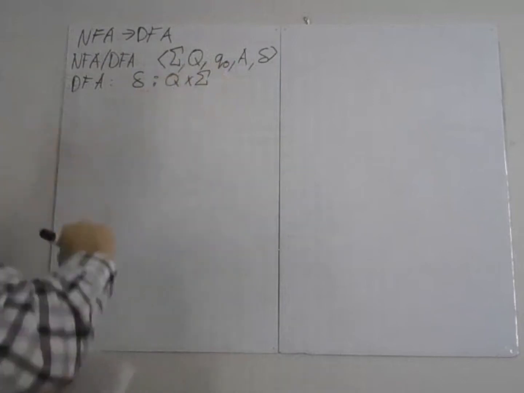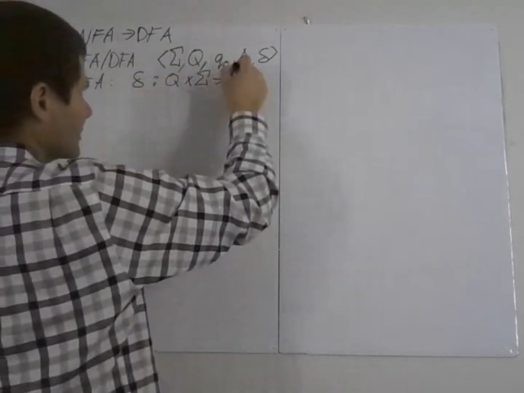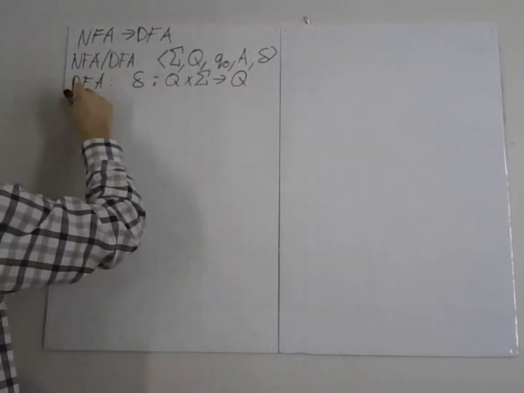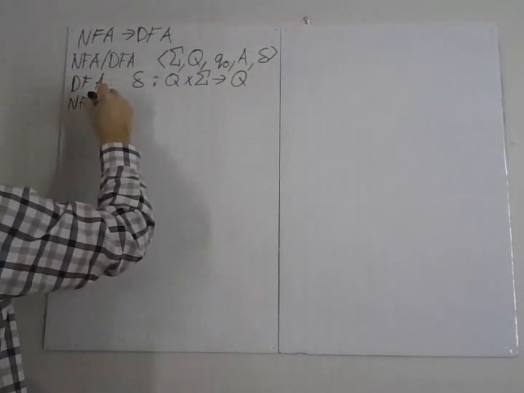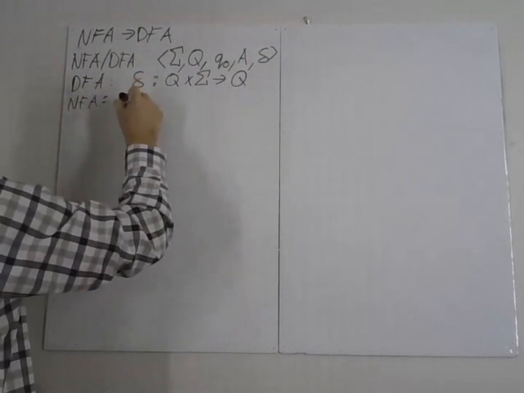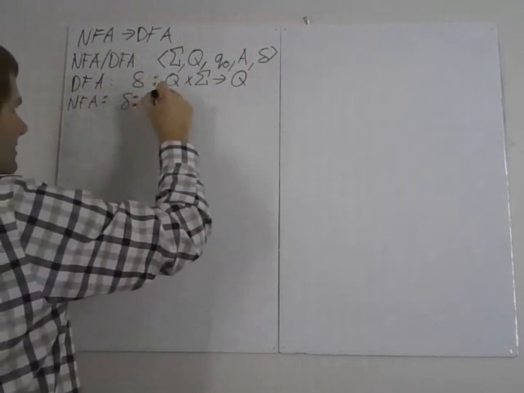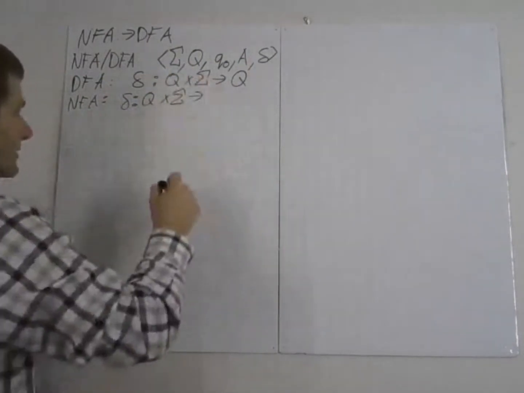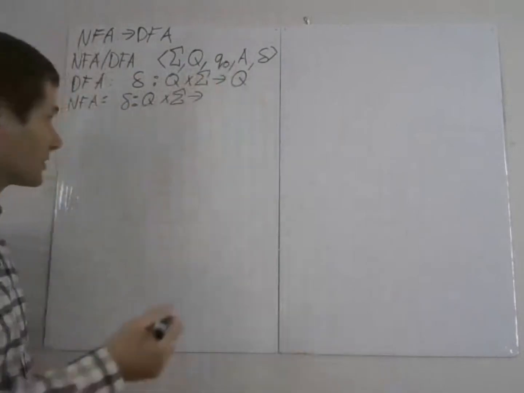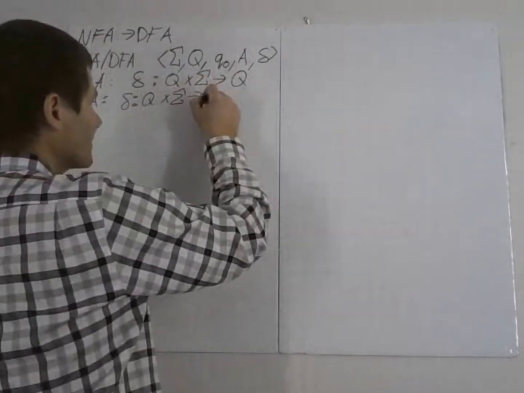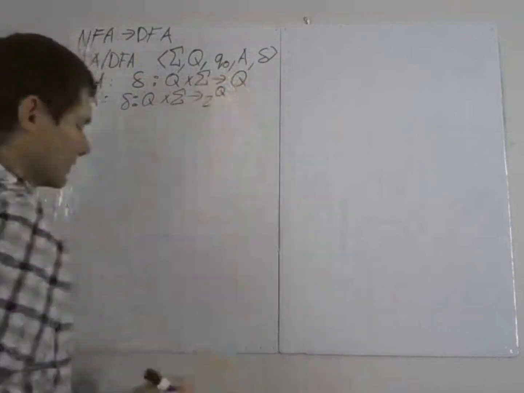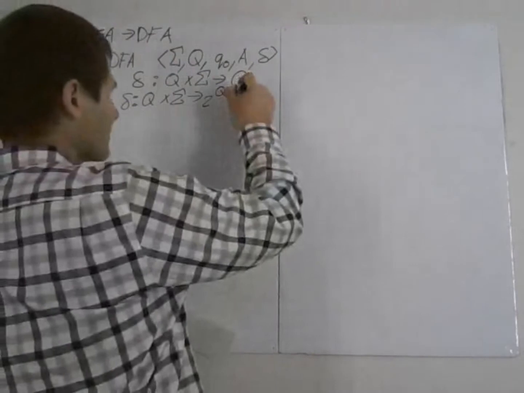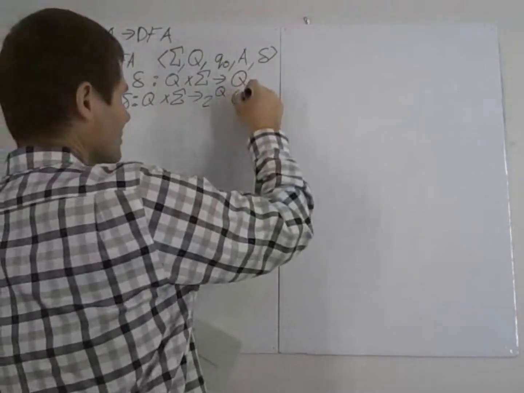For every pair of state and alphabet symbol, the function returns a new state. And in an NFA, I again have a function that takes a state and an alphabet symbol, but this time the output of that function, the return value, is a set of states. And so a mathy notation for a function that returns a set of states is 2 to the power of Q.